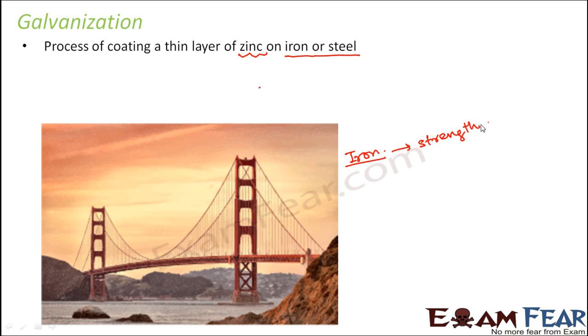But there is a disadvantage associated with iron. Iron tends to rust with water. It very easily reacts with water or air, and rusting happens. Rusting is nothing but appearance of reddish brown substances on top of iron. Now rusting over a period of time will destroy the entire metal and the metal becomes weak. So the bridge also becomes weak over a period of time. So how can we protect iron from being rusted? All that we can do is we just give a thin layer of some other metal which is resistant to rusting.